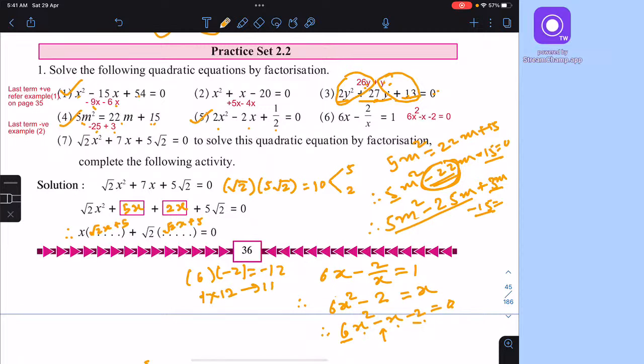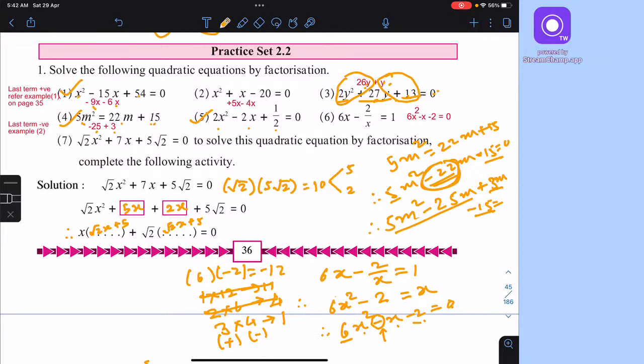So that will not help. If you consider 2 into 6, the difference is 4. So that is also not used. If you consider 3 into 4, the difference is 1. This will help us. We want minus x. So bigger number should be minus and smaller number should be plus.